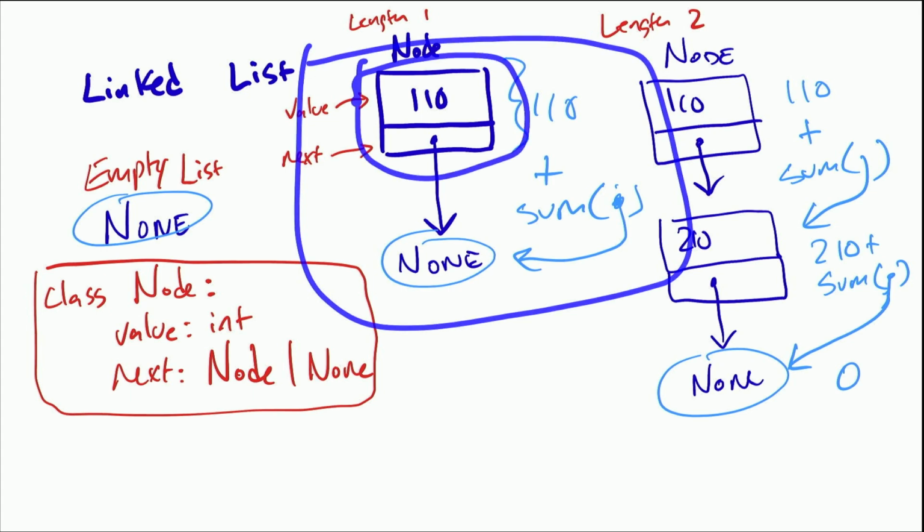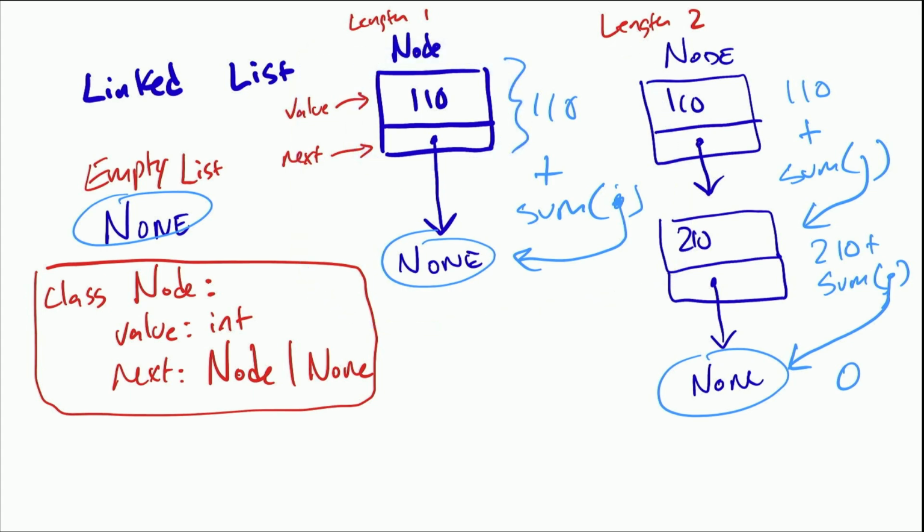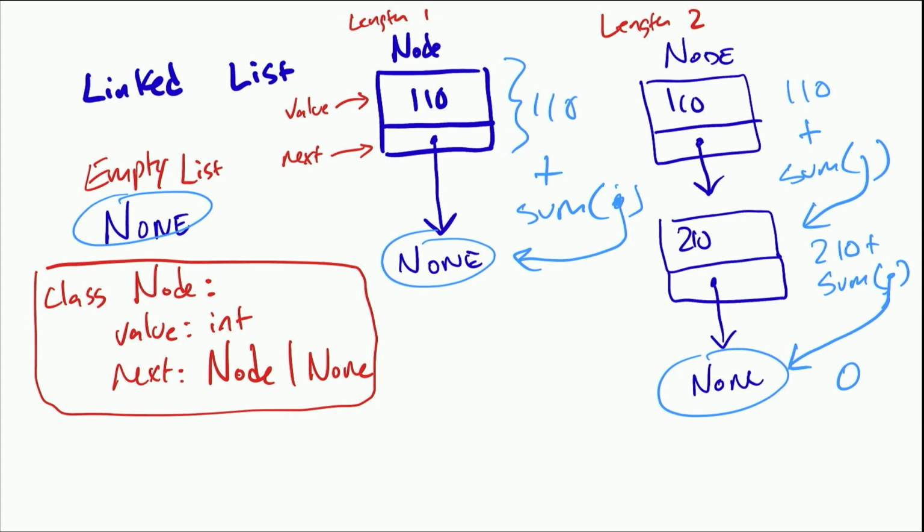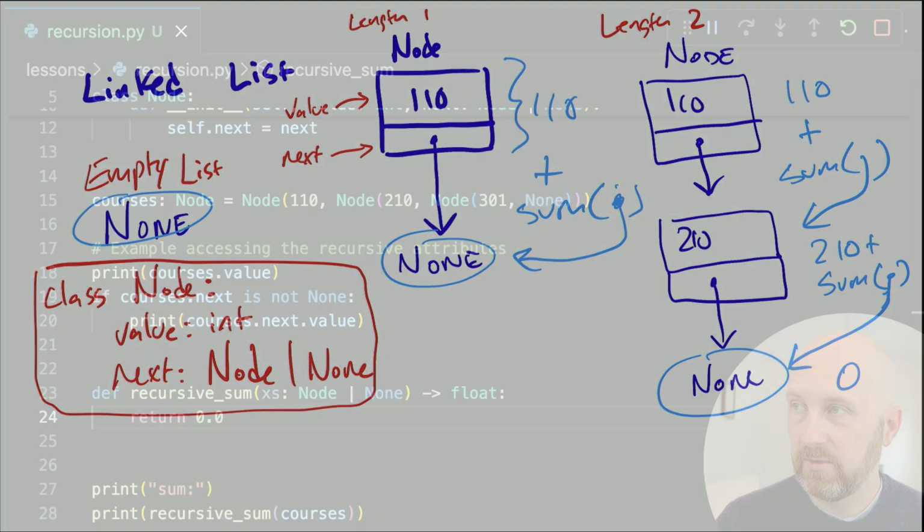So when we don't have a none value as the list that we're trying to sum, we're going to return this list's value attribute, right? So we're going to take the value, 110, add it to the sum of the rest of the list, or the node.next attribute. So we're actually going to sum next, and recursively, this will just play out in a way that hopefully will make sense as we're bringing it together.